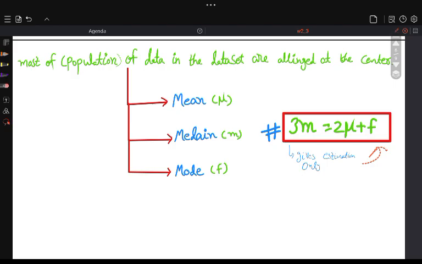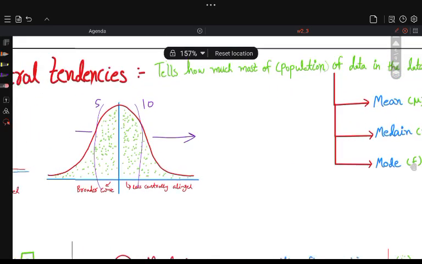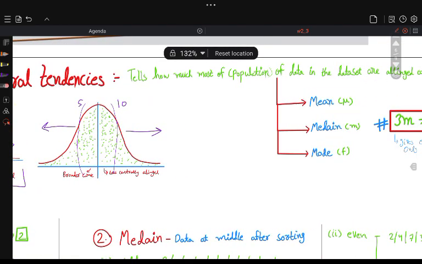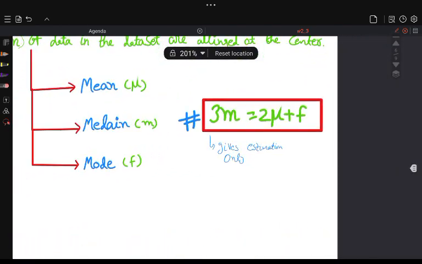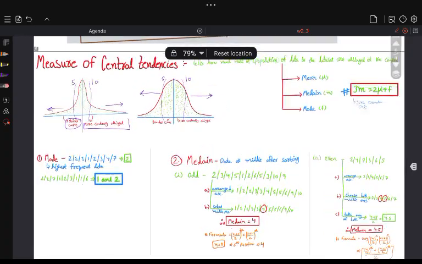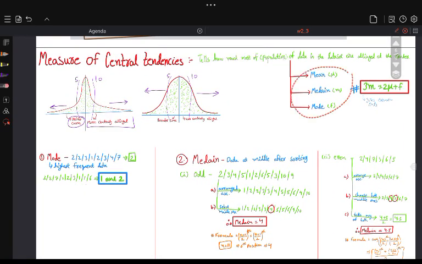It has some marginal error, and it is mainly for unevenly distributed and moderately uneven, more like the broader curve we see. For this curve only, the estimation will be somewhat true, and it will have some marginal error, but this is the only equation we have that combines these three at a single point, right? Now let's see all three of them in detail.